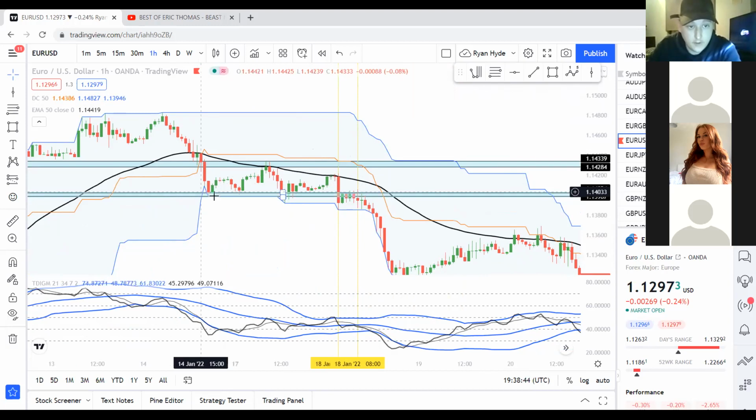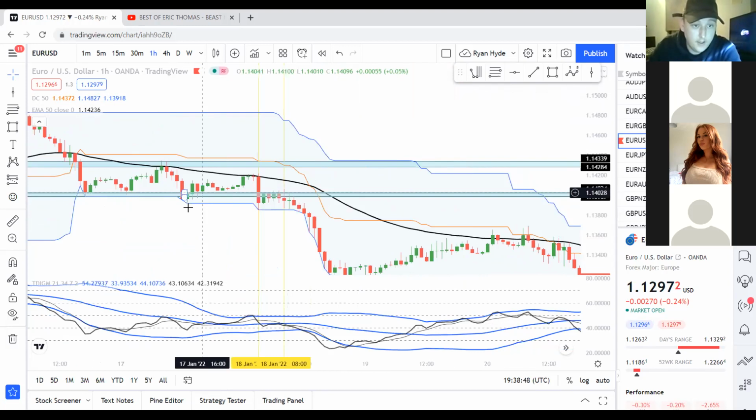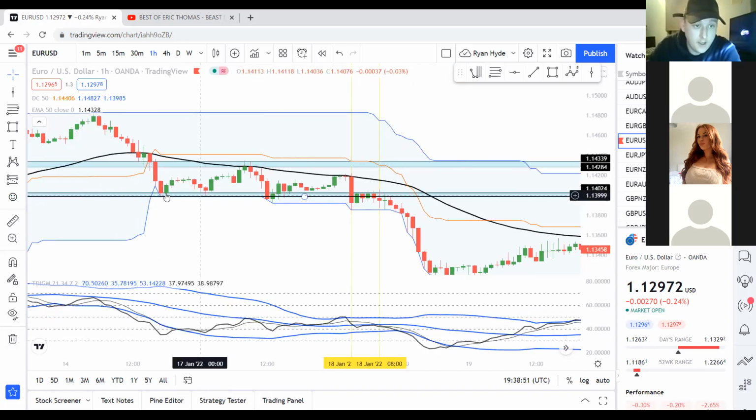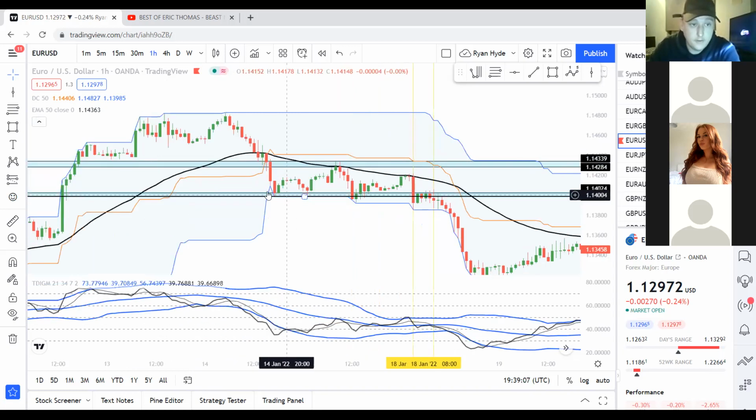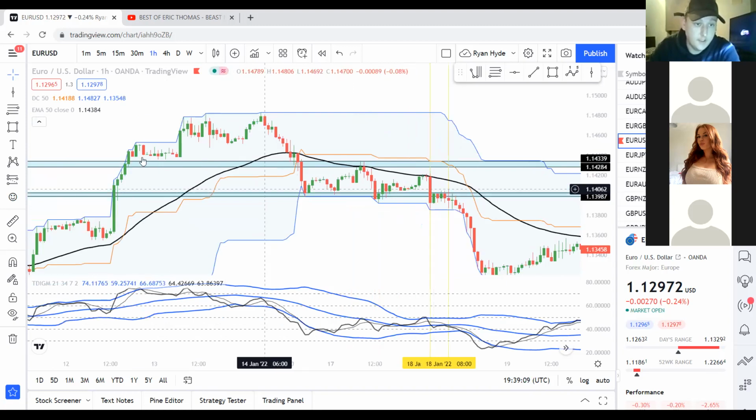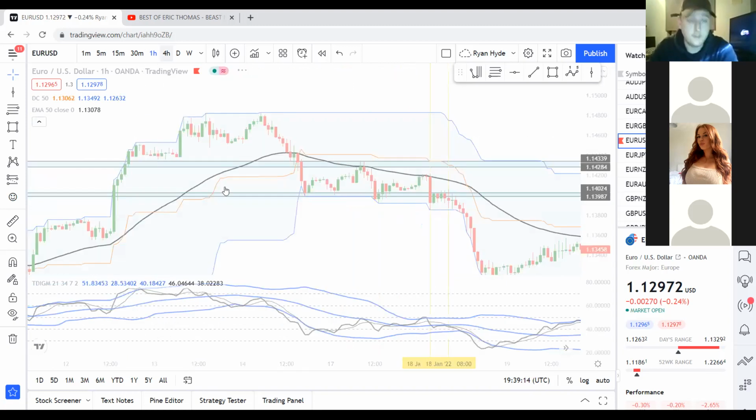I've drawn one line to the body of the candle, and the other line to the end of the wick, and that creates your zone. And the same for the top. Price has come up, it's created this pivot point in the market, and we've drawn our zone from that. And if you look back in time, you can see that price is using that as a support.